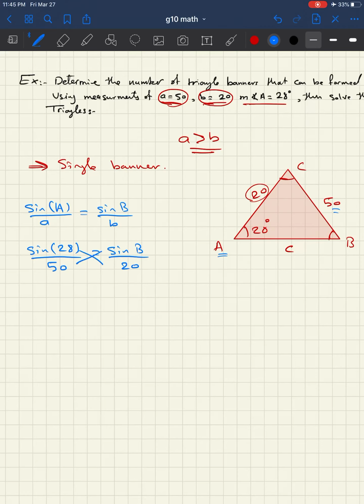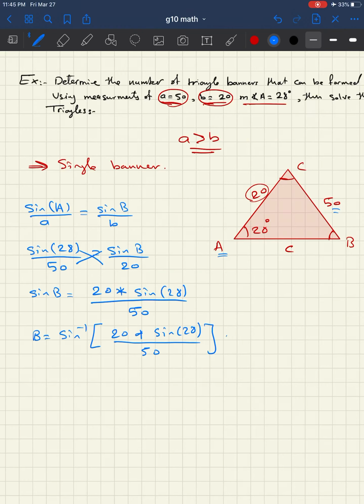By cross multiplying, sine B equals 20 times sine of 28 divided by 50, so B equals sine inverse of 20 times sine of 28 over 50. It comes out as about 10.8 degrees.